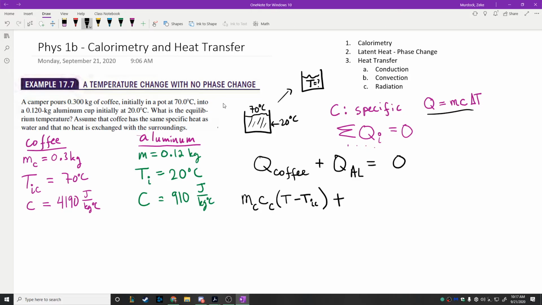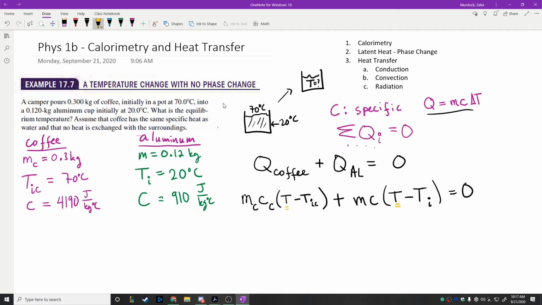And then we add for the aluminum. So we're just going to call that MC, times the final temperature minus the initial temperature. Within this equation, there's really only one unknown. This is our unknown right here. The T is what we're solving for.